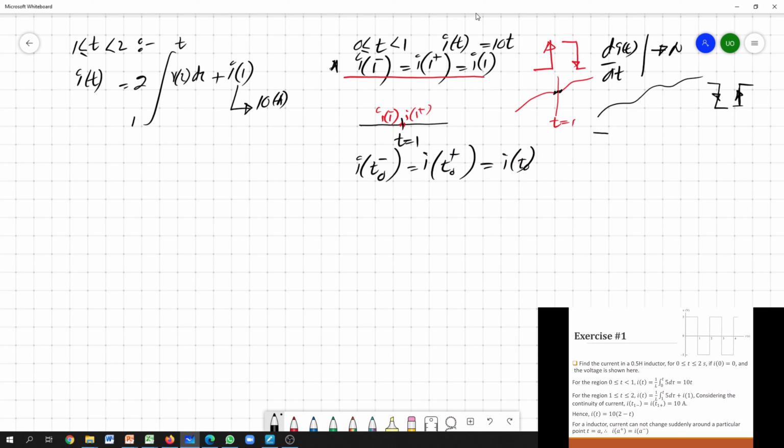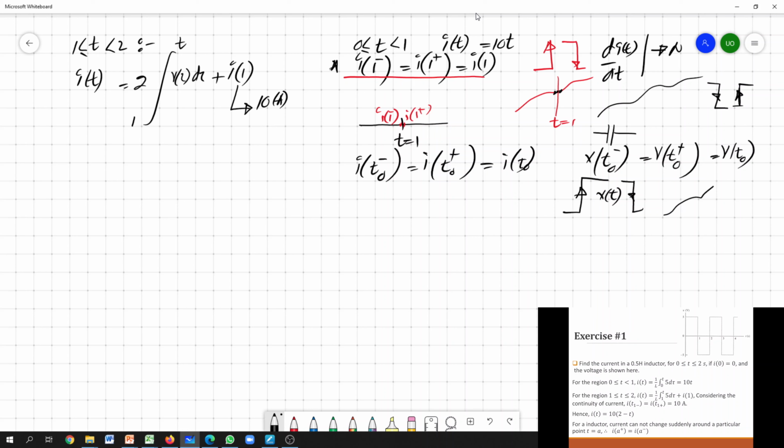For capacitors we can similarly build V t0 minus equals V t0 plus equals V t0, because capacitors cannot handle this kind of voltage variation.